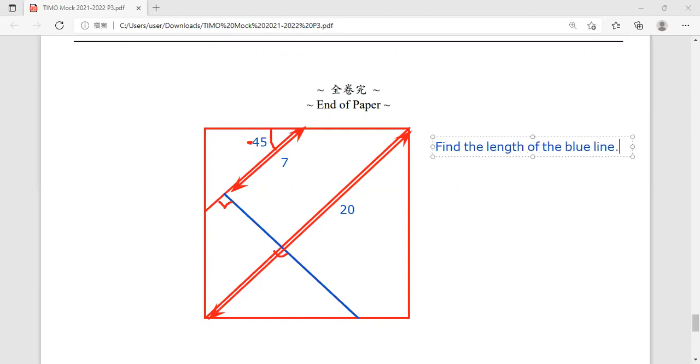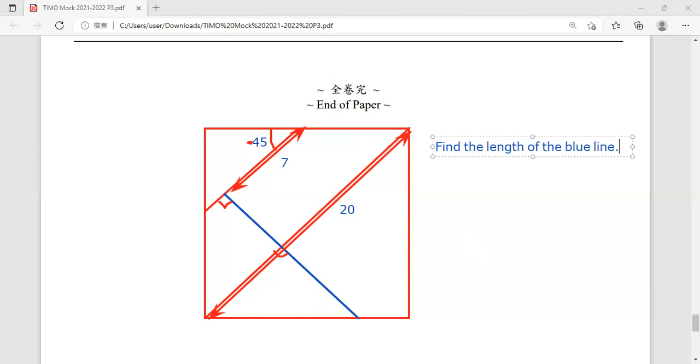Just try. Okay, good. Still a good answer.